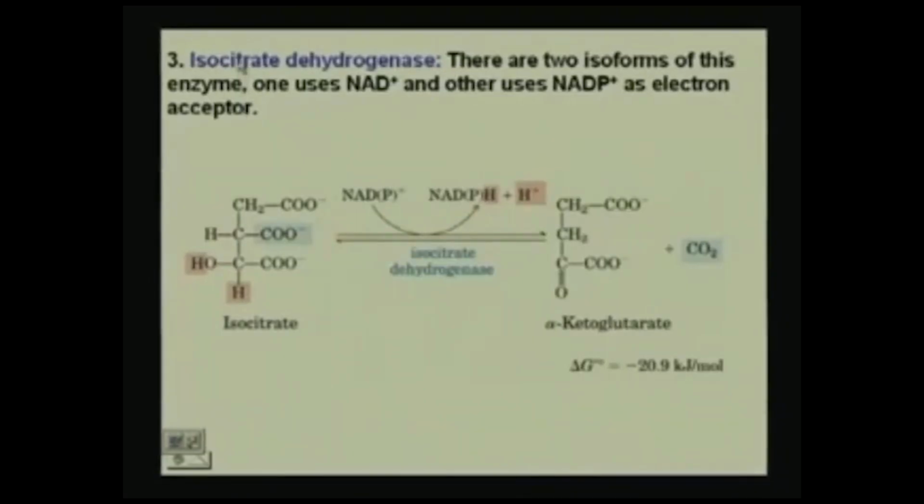The third step is isocitrate dehydrogenase. What does that mean? It means it's going to remove hydrogen now. We have H plus removed here in NAD, and in some cases there are actually 2 forms of the enzyme that are called 2 isoforms of the enzyme. One of them prefers NAD plus as the cofactor, and one of them prefers NADP plus as the cofactor. Okay, but both of them would ultimately result in the removal of these 2 hydrogens and the CO2 here.